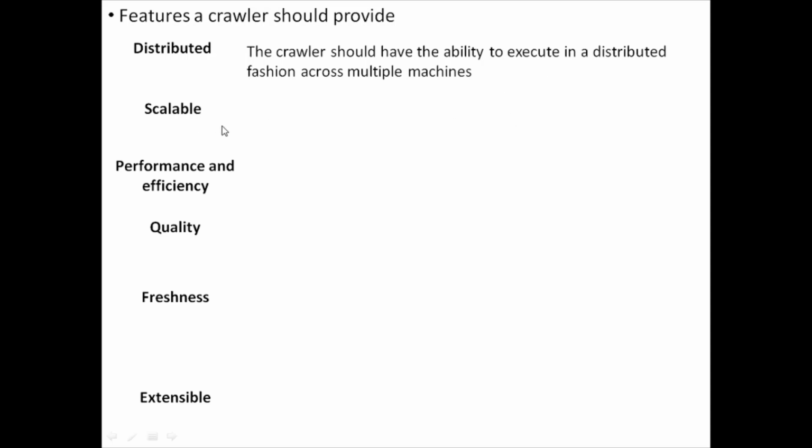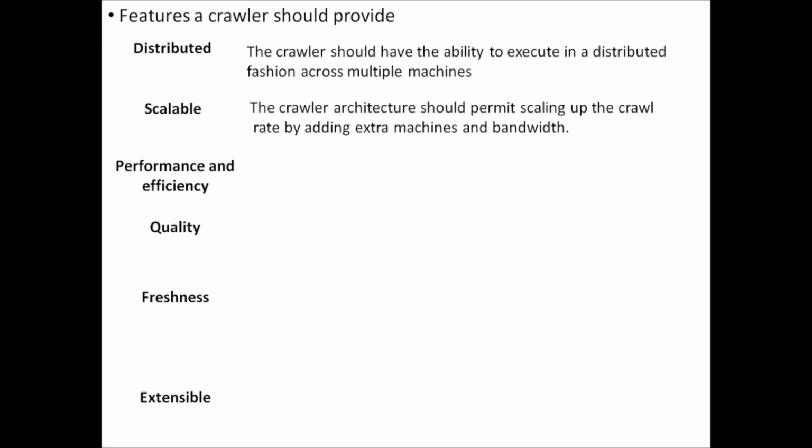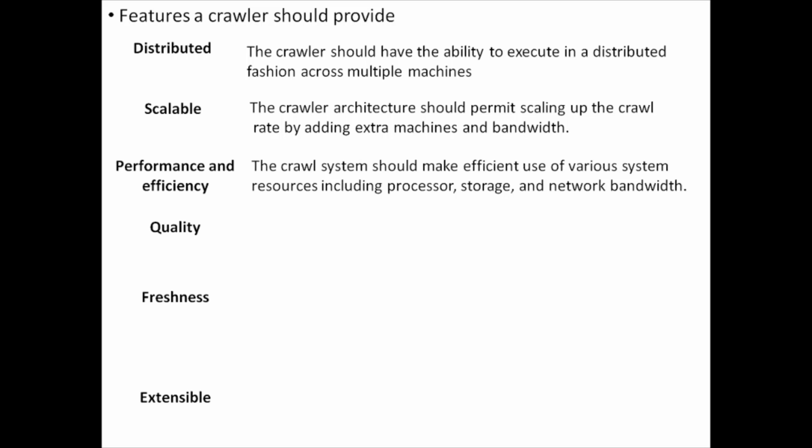Now coming to scalable, the crawler architecture should permit scaling up the crawl rate by adding extra machines and bandwidth. By distributing the architecture and by scaling, we can improve the performance and the crawl rate can be increased. Now coming to performance and efficiency, the crawl system should make efficient use of various system resources, including the processor, storage, and network bandwidth.